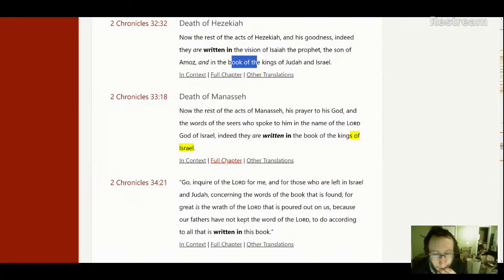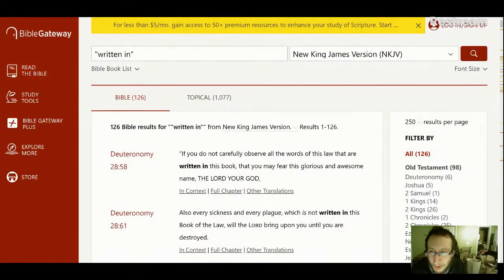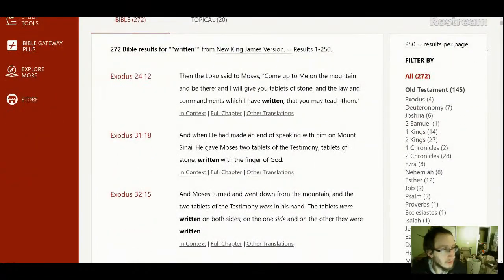But also it says, now, when I searched this, it didn't give us every instance. So hold on. Maybe I need to search it better. Let's try written.